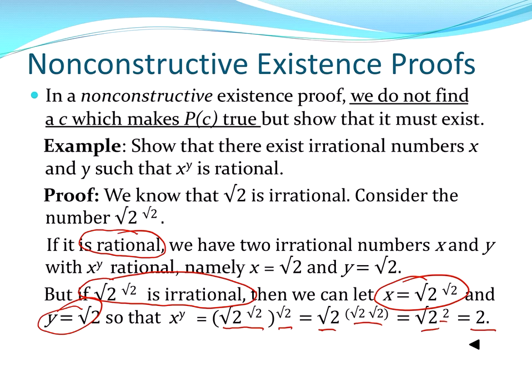Well, I will tell you that the square root of 2 raised to the square root of 2 power is irrational, but the proof of that is outside the scope of this course. However, we can prove that a solution to this does exist. We just don't know what it is because we can't, from what we know right now, tell which one is irrational.